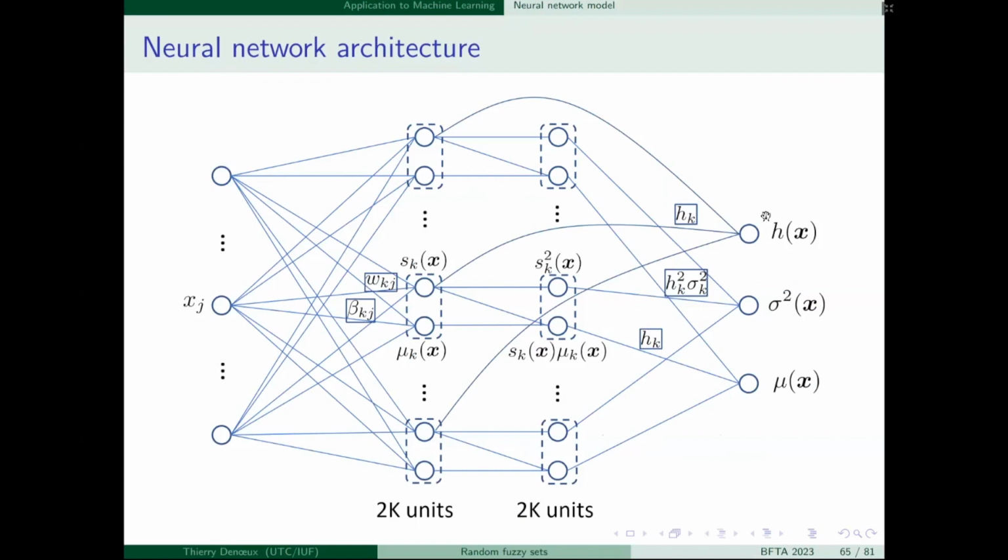In the second hidden layer, you also have K pairs of neurons, where one neuron just computes the square of s_k of x, and the other one multiplies s_k of x with mu_k of x. So this is a squaring unit, and this is a product unit. Then you have the output layer with 3 neurons, one for the mean, one for the variance, and one for the precision, and they have connections.